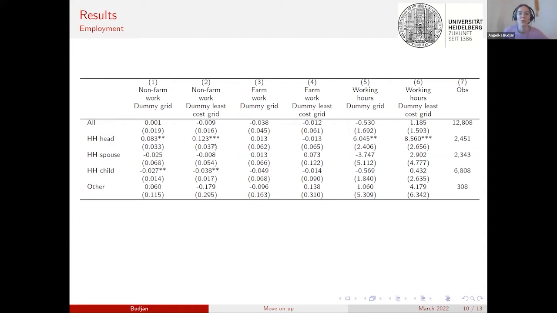And also the weekly working hours increase by between 6 to 8 working hours per week. And again, we don't see any increases in employment for other members of the household, so neither for the spouse nor for the children of the household head.